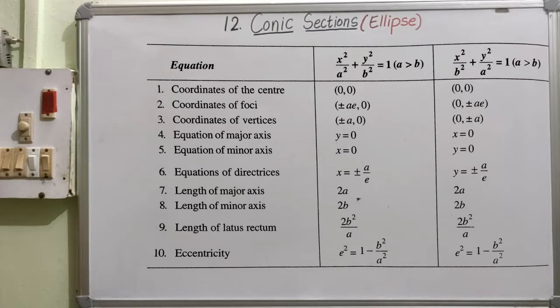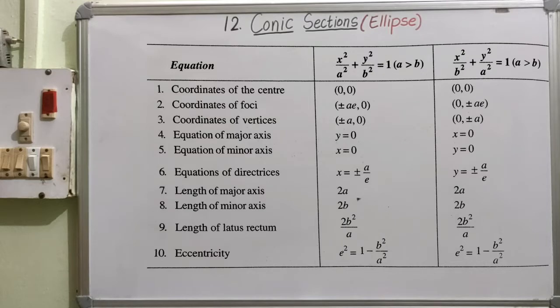In the first column of the table you can see you have the equation of the ellipse as x²/a² + y²/b² = 1. This first column gives you the information about the horizontal ellipse. The ellipse that I drew on the board before, this talks about that horizontal ellipse.